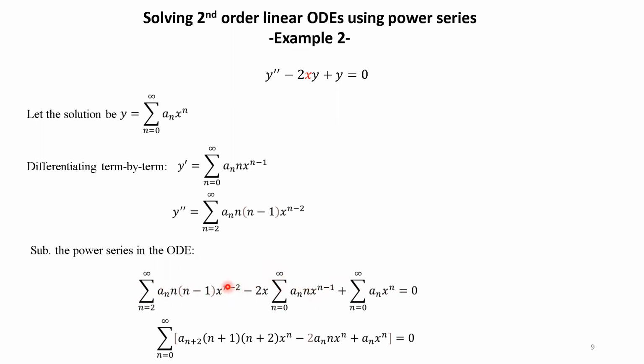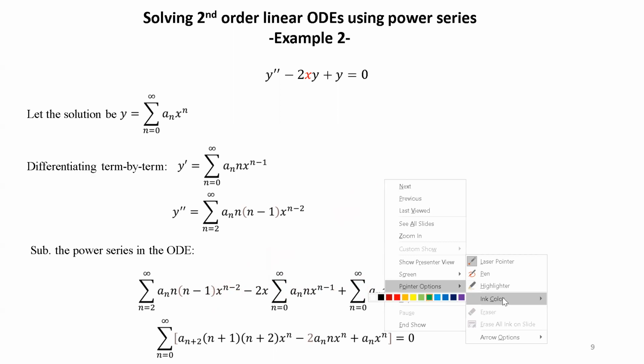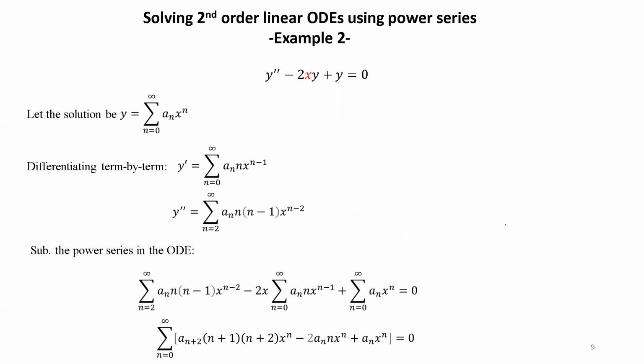The second and the third are already okay, but the first one you need to shift the index to make it look like x to the n instead of x to the n minus 2. Again, I told you how to do it already.